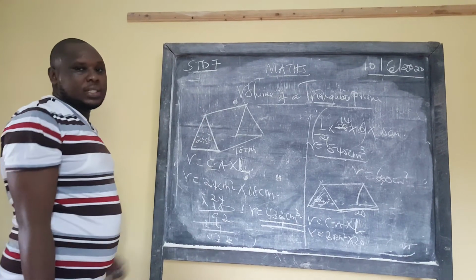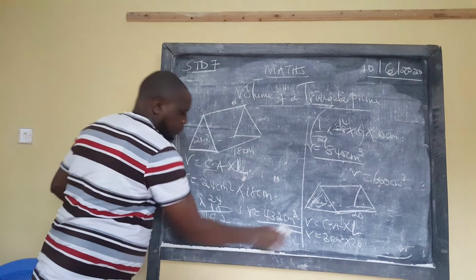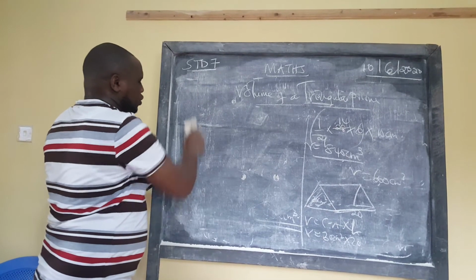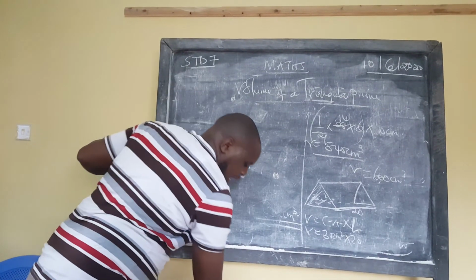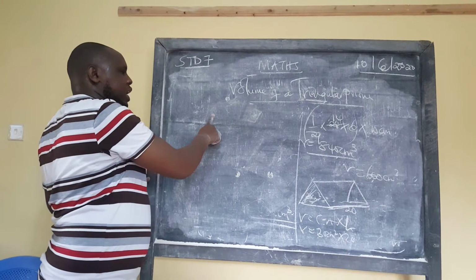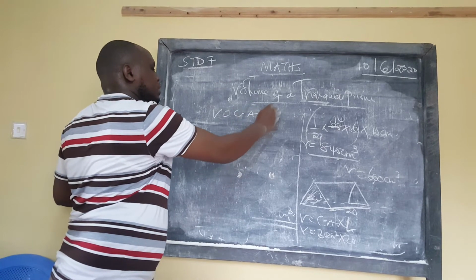So that's how we do the work. In an exam, they can decide to give you the volume and the cross-sectional area, and they ask you about the length. That one is very easy. If they have given you cross-sectional area, use the formula: volume is equal to cross-sectional area times length.